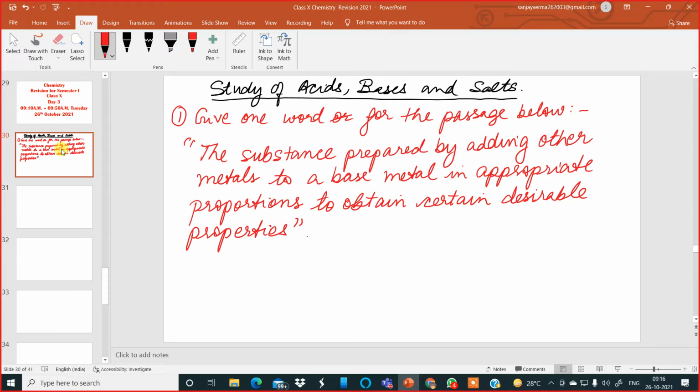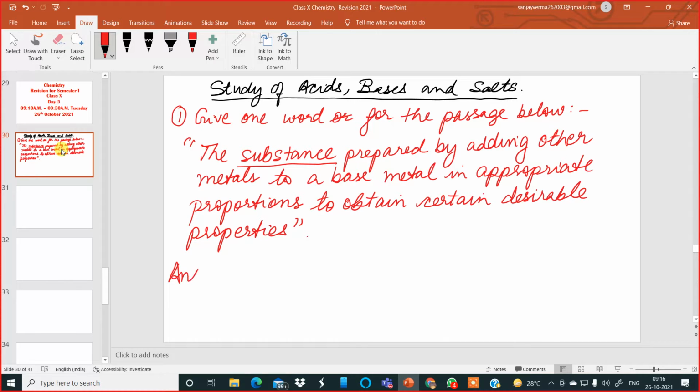So you have to identify the substance. What is the substance called? The substance prepared by adding other metals to a base metal in appropriate proportions to obtain certain desirable properties.